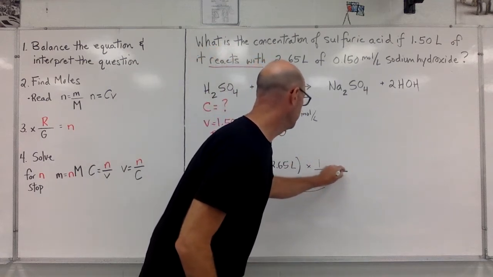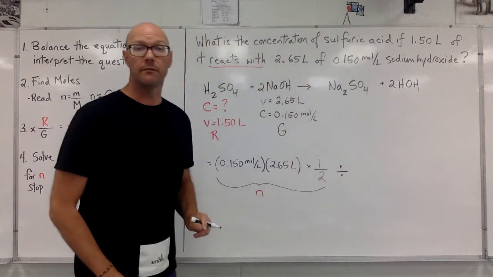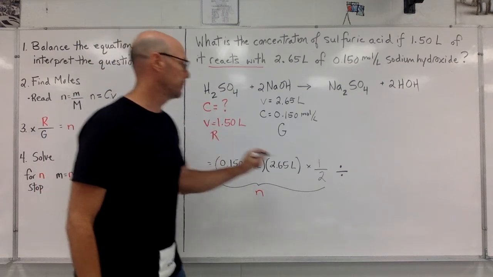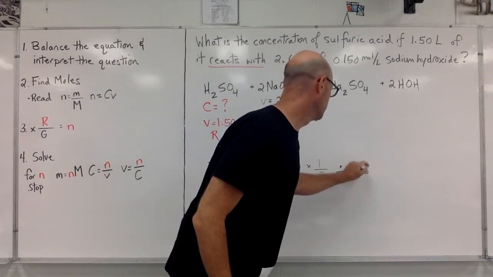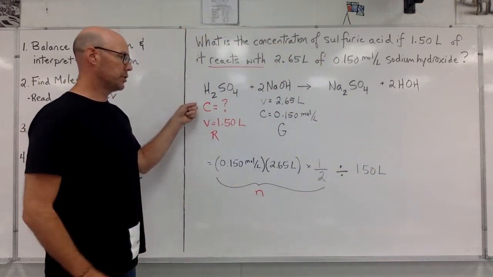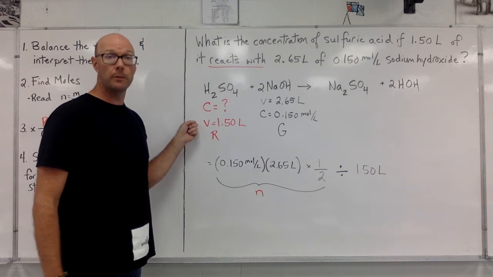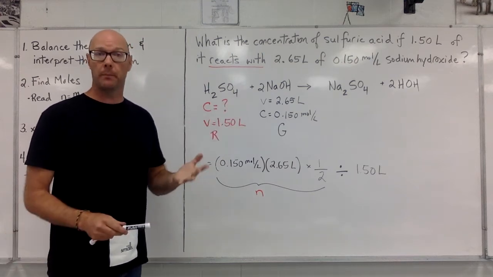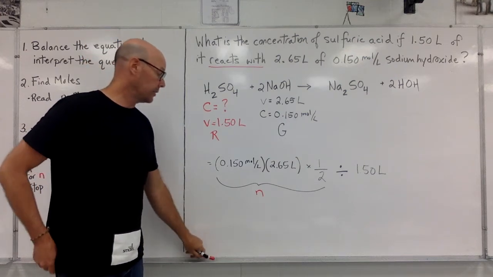Let's divide by the volume. Here it is, 1.50 liters. If we're looking for the concentration in the end, we must use the volume that goes there. We can't use this same volume twice. That wouldn't make sense. We have our calculation set up.